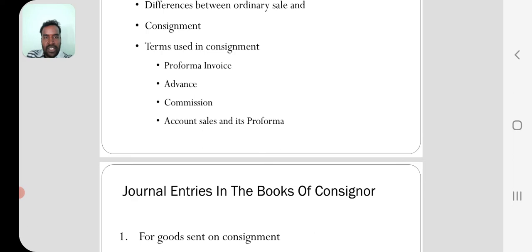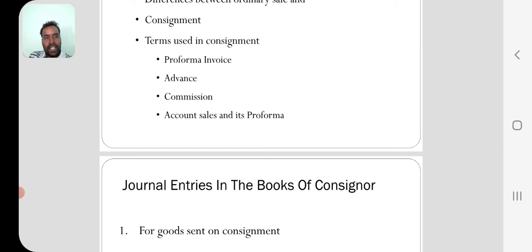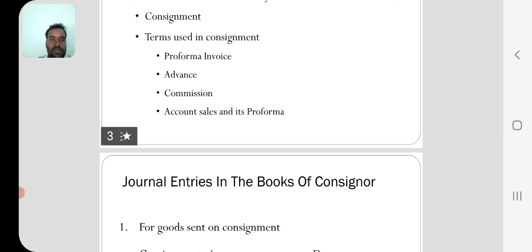It is sent to the consignee along with the transfer of the goods. While the consignee receives the goods, he finds the pro forma invoice and sees the details: what goods are received, what the costs are, the markings, packings, price, minimum cost, maximum cost, selling price or marketing price. Whatever it may be, it is mentioned in the pro forma invoice.